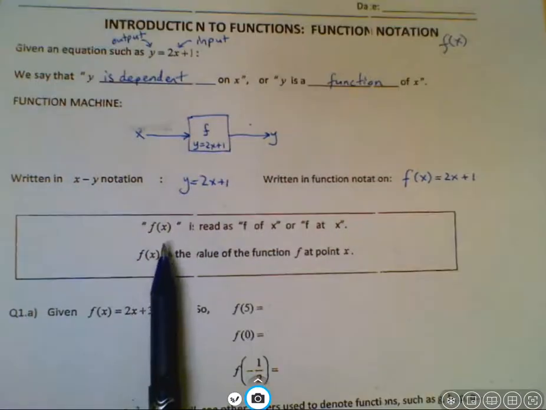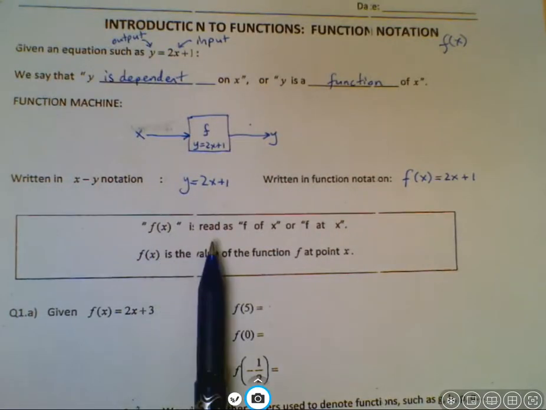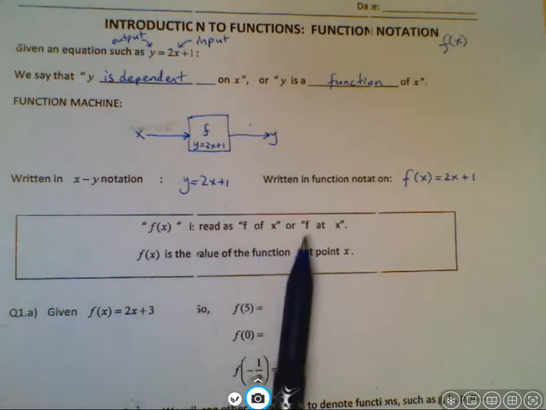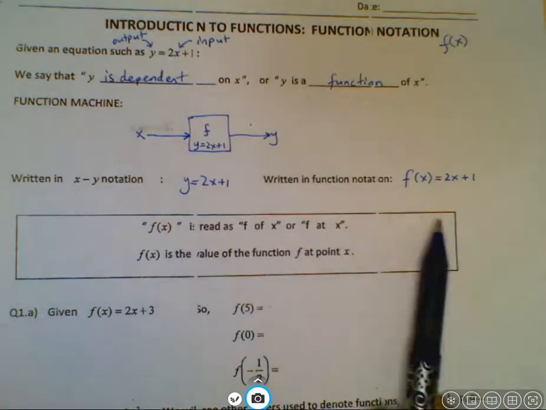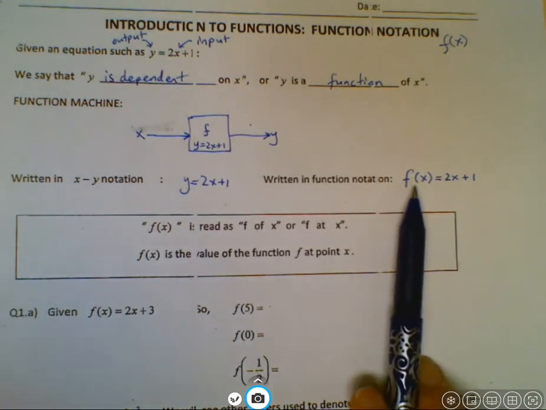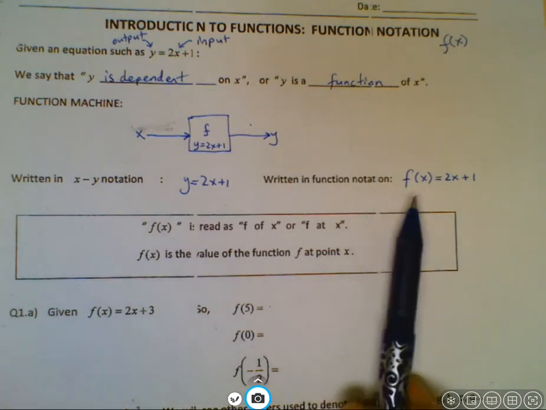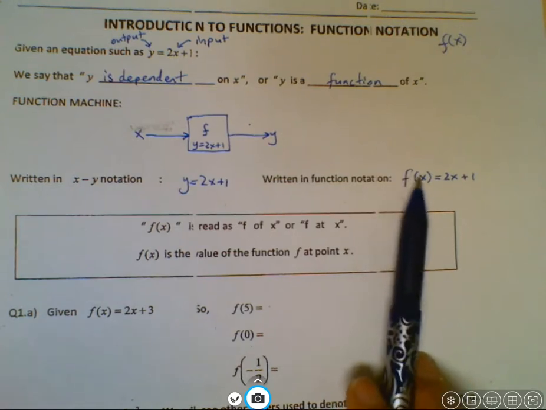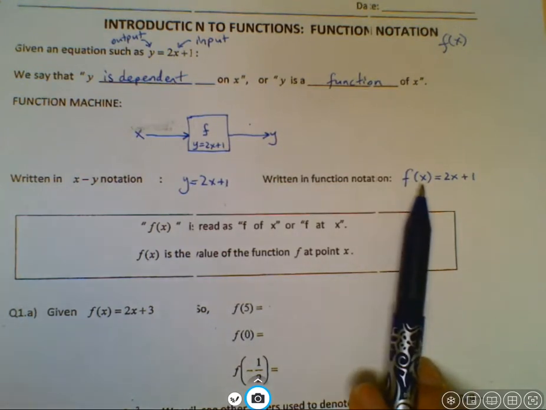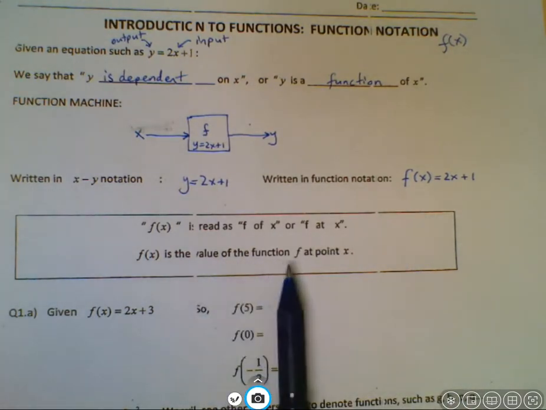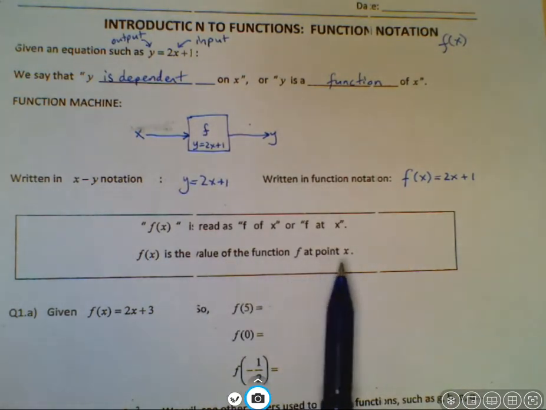The box tells you that f(x) is read as f of x or f at x. It means this function f evaluated at this value x. What will be the value when I input something for x? So f of x is the value of the function f at point x.